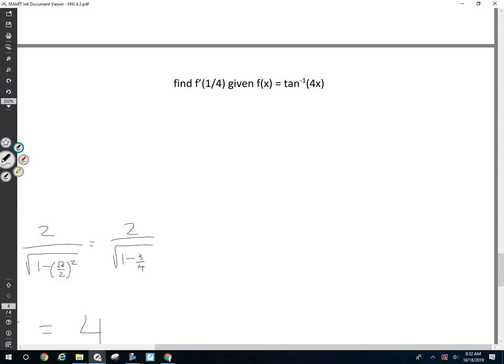Let's see, f prime of 1/4. The derivative, won't go into it, but using the chain rule, you get 1 over 1 plus 4x squared times 4. Outside, inside, do the chain rule process. F prime of 1/4 would be 1 over 1 plus 4 times 1/4 squared times 4.